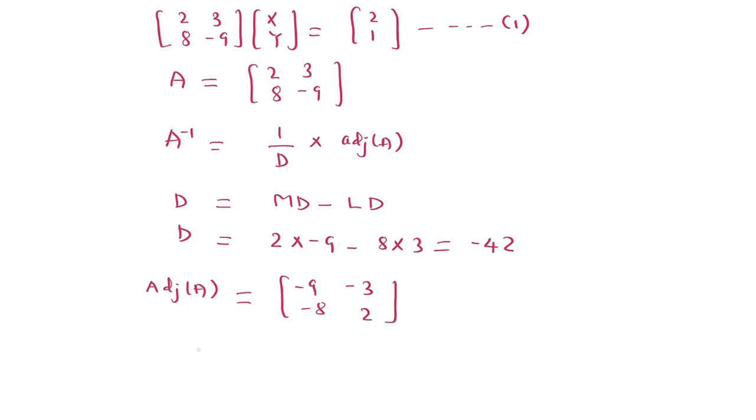Now let us substitute these values for the determinant and the adjoint of matrix A in our formula in order to find A inverse. A inverse equals 1 over -42 times [-9, -8; -3, 2].